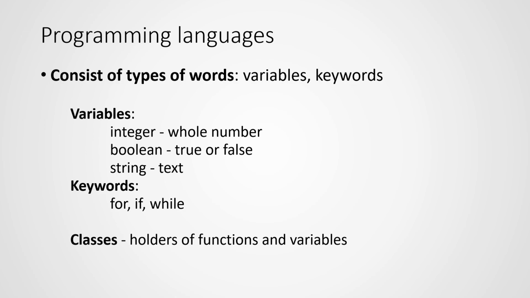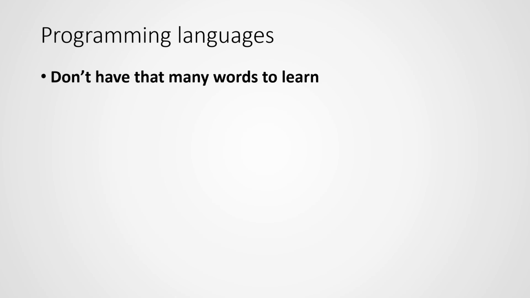We have if statements, loops, and in some languages we have classes, which is basically like a holder of variables and functions. So in general, programming languages don't contain too many words. This does depend, because some can be a lot more complicated than others, but in general there aren't too many words to learn.